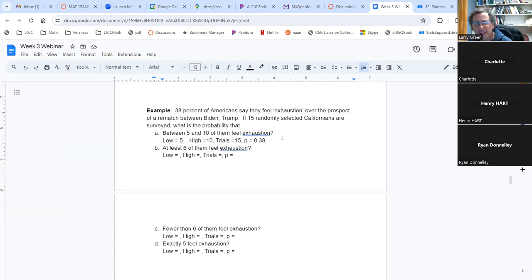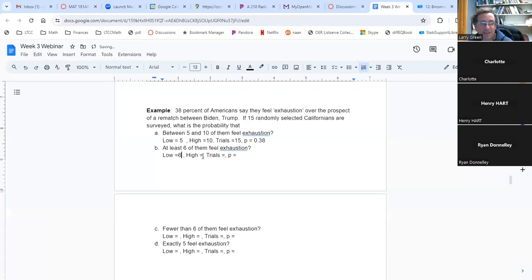Okay, what's the probability that at least 6 of them feel exhaustion? Sometimes the hardest part is taking words like at least and really understanding what they mean. If you have at least 6, what is the lowest number that's at least 6? 6.